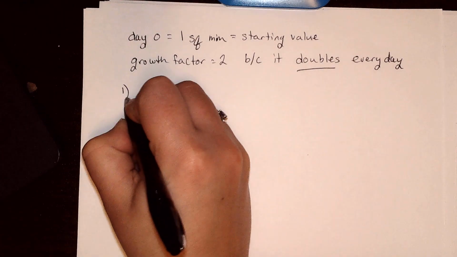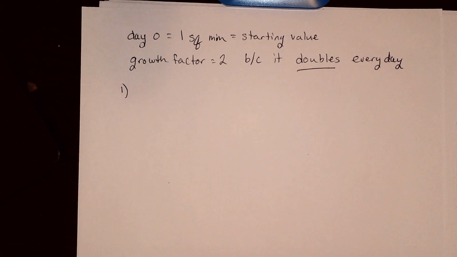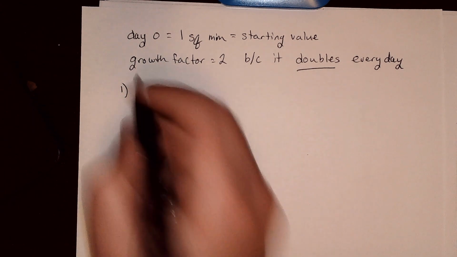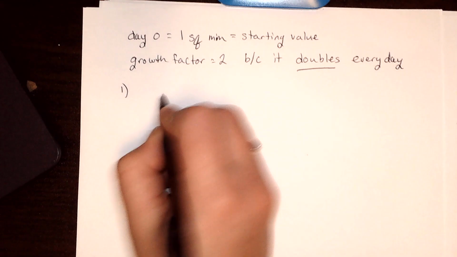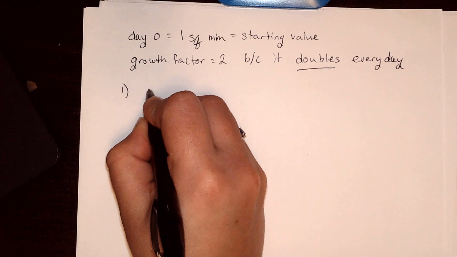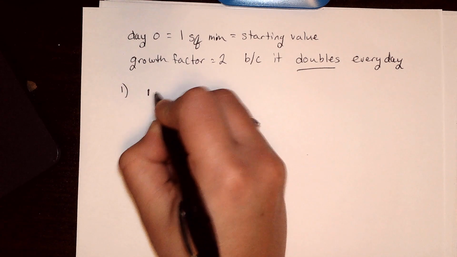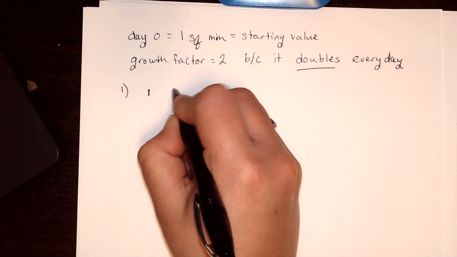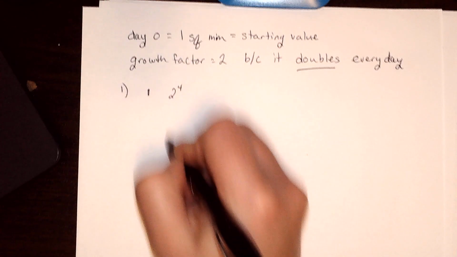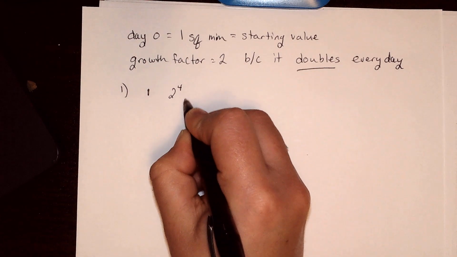Okay, so number 1 is asking us, if the doubling pattern continues, how many square millimeters will the mold cover 4 days after she notices the mold? Show our reasoning. If we start at 1, and we are going to double that 4 times, that is going to be 2 to the 4th.